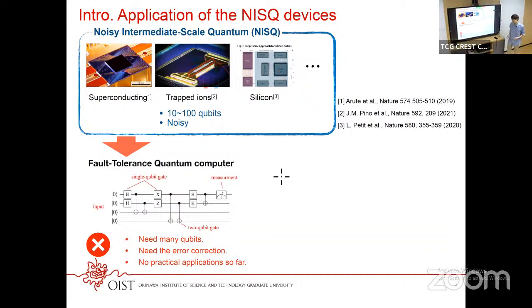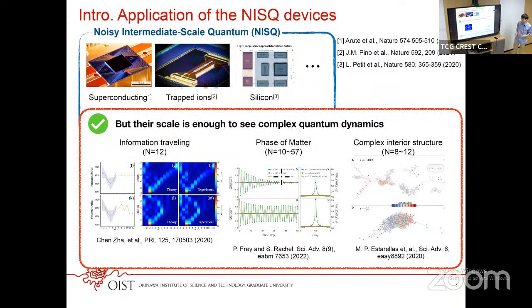However, to make a full quantum computer, we need more qubits because they need error correction. And at the current level, it's still challenging. However, NISQ devices have been used and have obtained nice results on simulating the many-body dynamics of quantum systems.